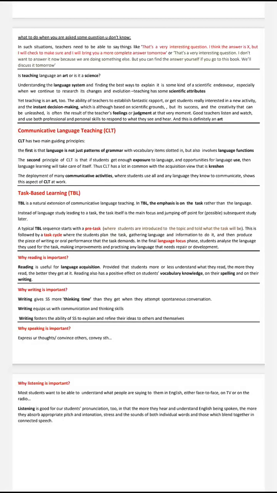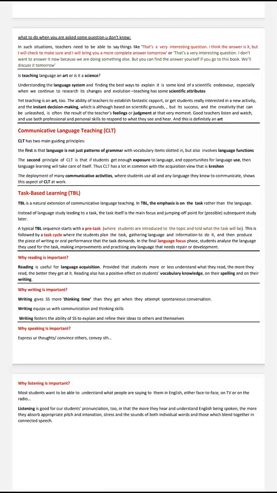Understanding the language system and finding the best way to explain it is some kind of scientific endeavor, especially when we continue to research its changes and evolution. Teaching has some scientific attributes, yet teaching is an art too.